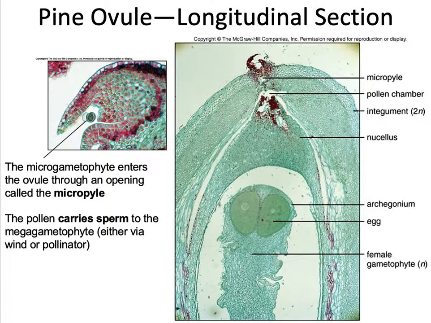This pollen grain carries the sperm to the megagametophyte. This is usually done by wind, but in some cases it's done by pollinators, such as different types of insects as well. And when we look at this longitudinal section and all these layers of tissue inside of our ovule, it really does a nice job of showing us this trend towards enclosure of the embryo.